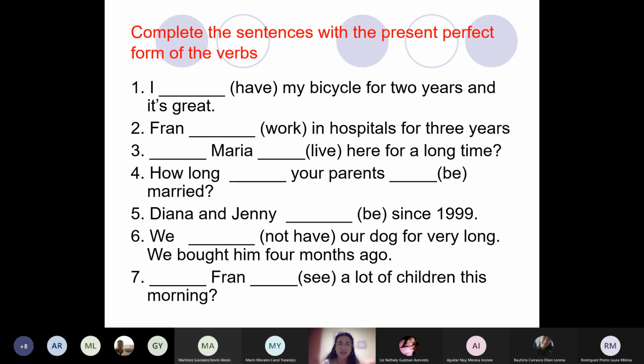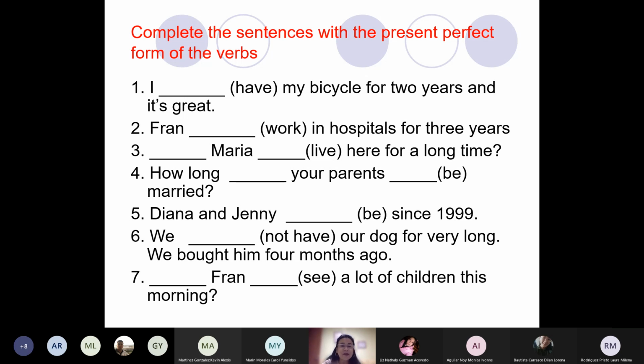Fran has, porque el sujeto es Fran, es él, es singular. Fran has worked, worked is regular verb, ed, and here for 3 years. Observe que cuando está mencionando la cantidad de tiempo, dice for 3 years, para decir, él ha trabajado en ese hospital ya 3 años. Continue.